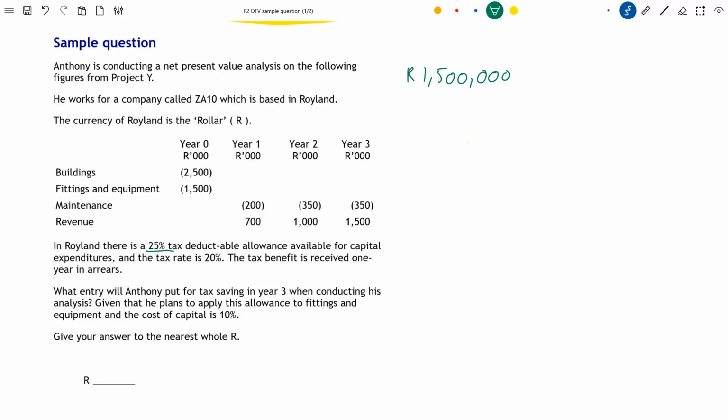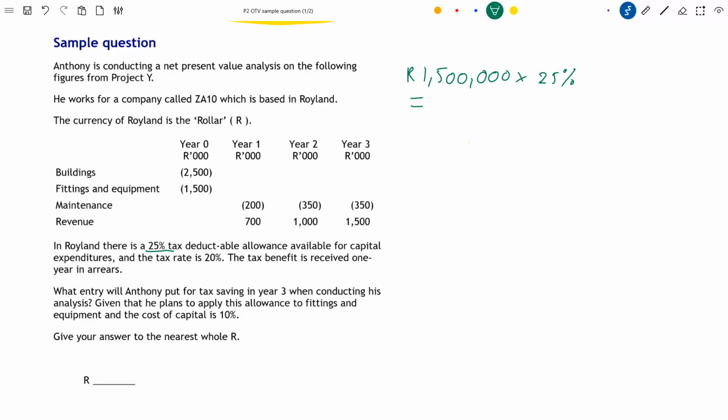So in the first year, because remember we need to work towards the second year because we will be using the tax saving from the first year. So we multiply this by 25%, and that will give us the figure that is eligible for the tax saving.